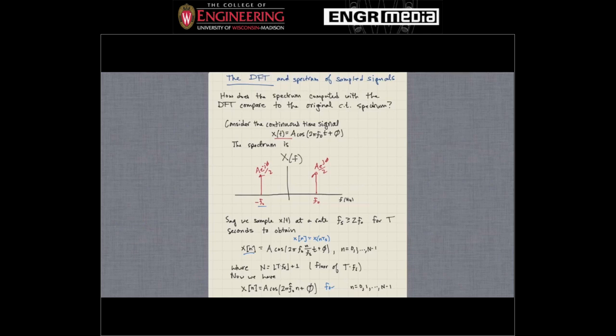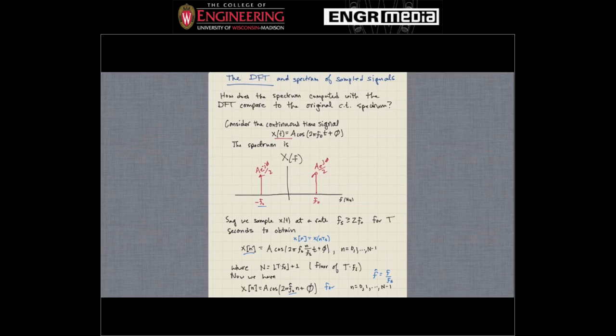It's just a cosine, and say it's at some digital frequency f0 hat. To remind everybody, f hat was defined as the frequency divided by the sampling frequency: frequency of the sinusoid divided by the sampling frequency. So this is just all to remind people how we drew the spectrum and then how we sampled the signal.